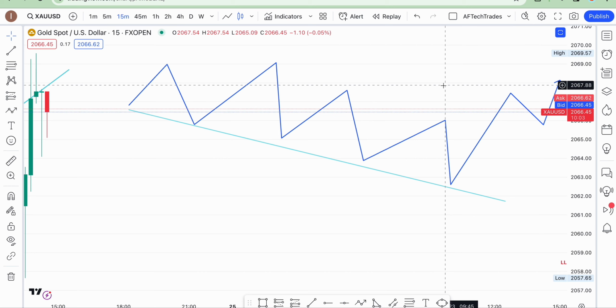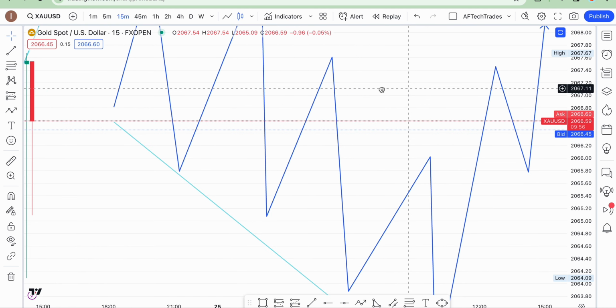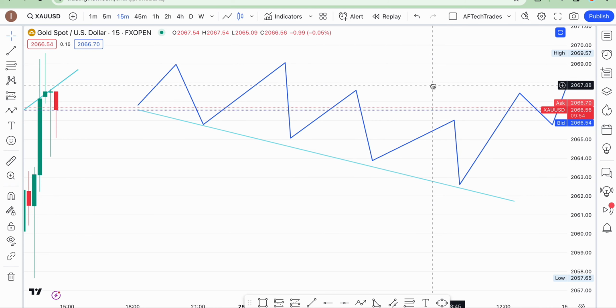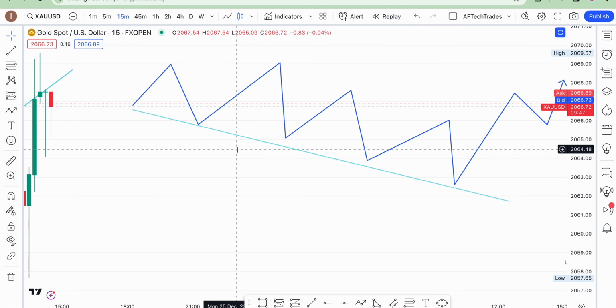You can also call it reversal, depending. Many traders call it different names, but you can call it a reversal or a choke, which is the change of character. So now what we'll do is go into our main chart to see how it looks there and how we can make profit out of it.